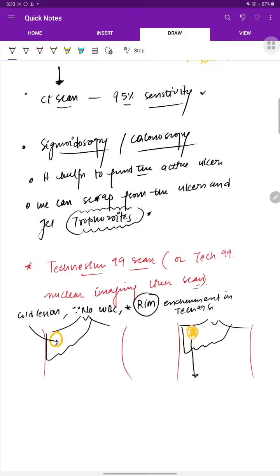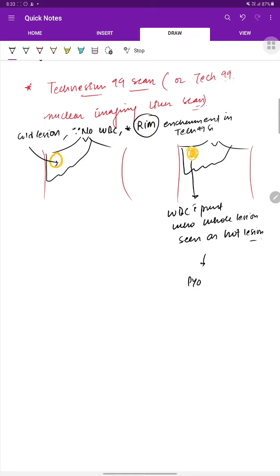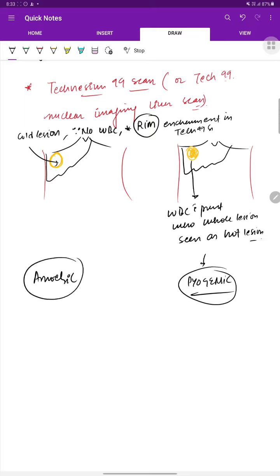On the other hand, in pyogenic abscess WBC is present, so the whole lesion is seen as a hot lesion. This is pyogenic, this is amoebic. So we can differentiate these two with this.